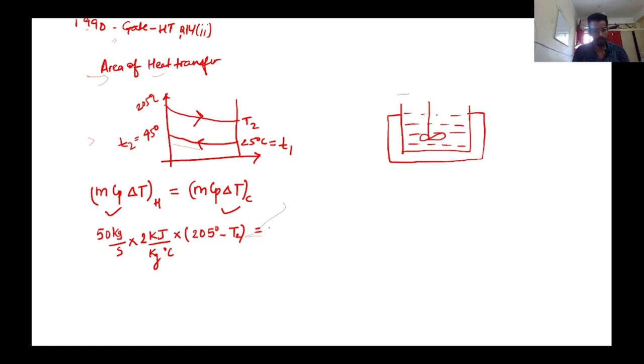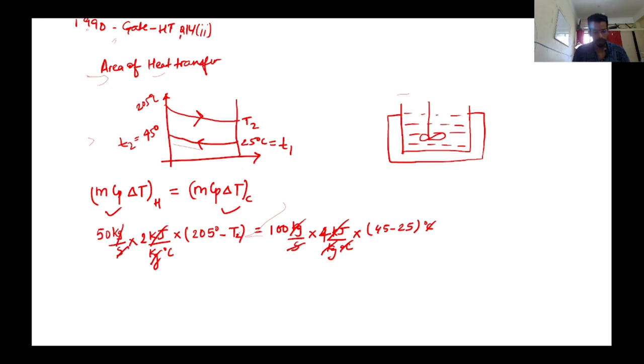Then we have 100 kg per second cold fluid mass flow rate, into Cp, that is 4 kilojoule per kg degree Celsius, into 45 minus 25 degrees Celsius. See, kilojoule will cancel out, kg will cancel out, second will cancel out.